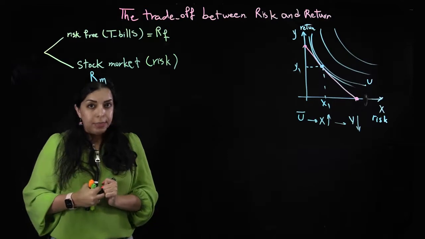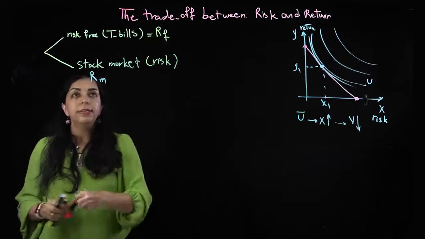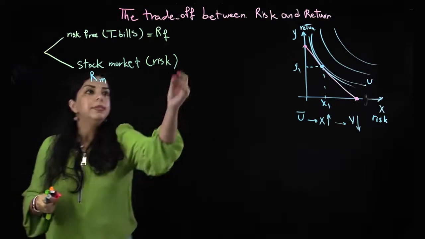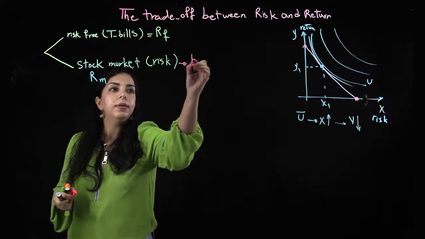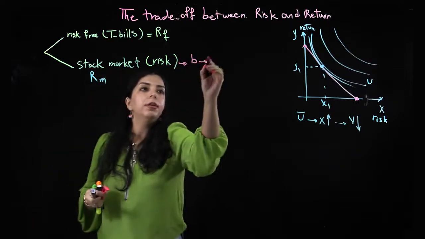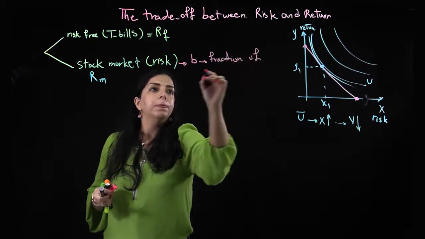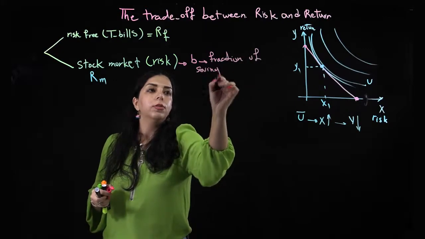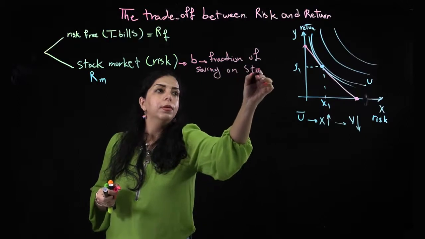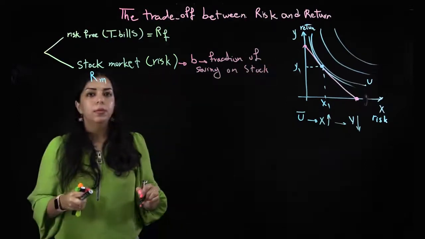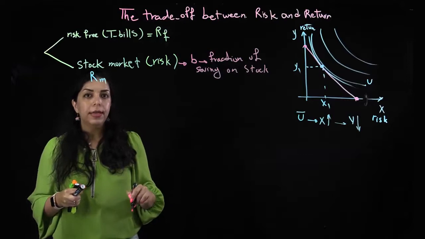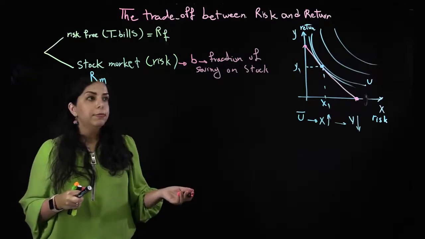This person has a limited budget, right? So if the person is investing, B is the fraction of saving that the investor is investing on a stock.